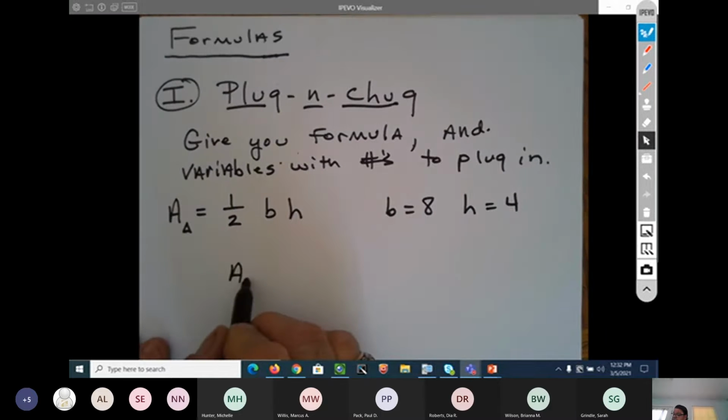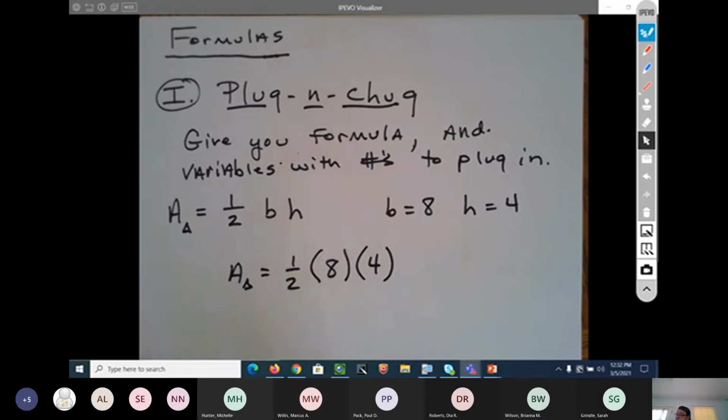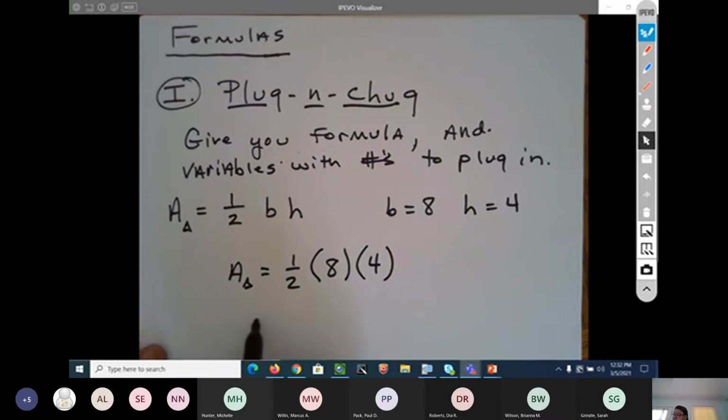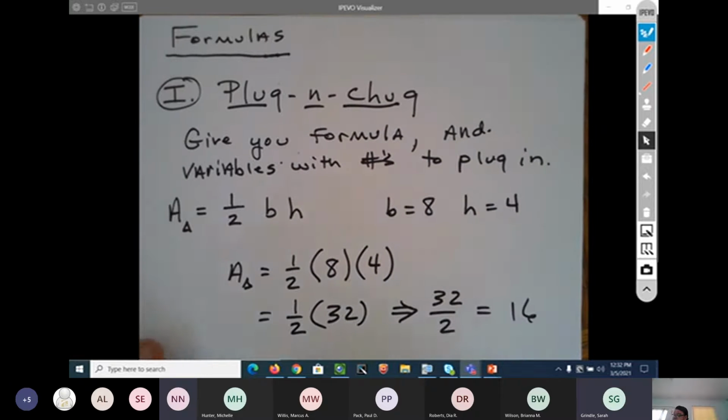So the area of a triangle is equal to 1/2 times 8 times 4. And that's going to be 1/2 of 32. And what's 32 divided by 2? 16 square units.